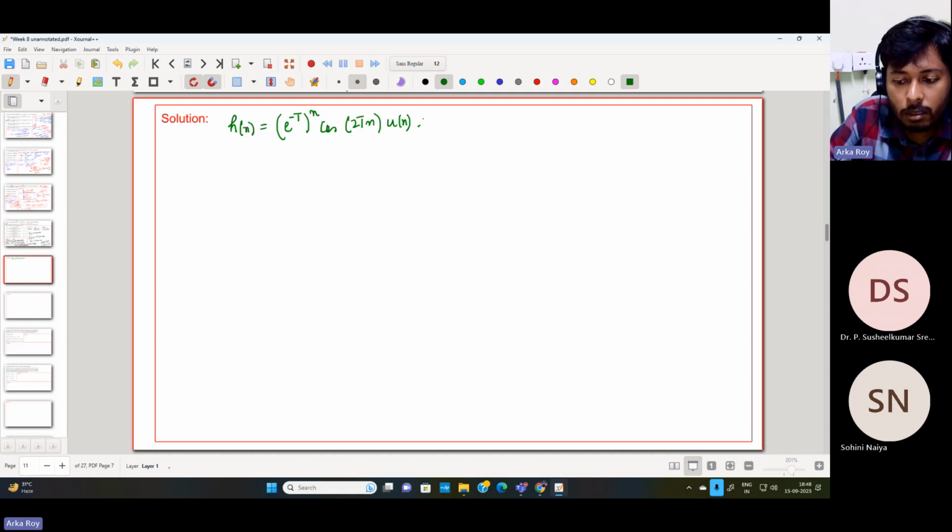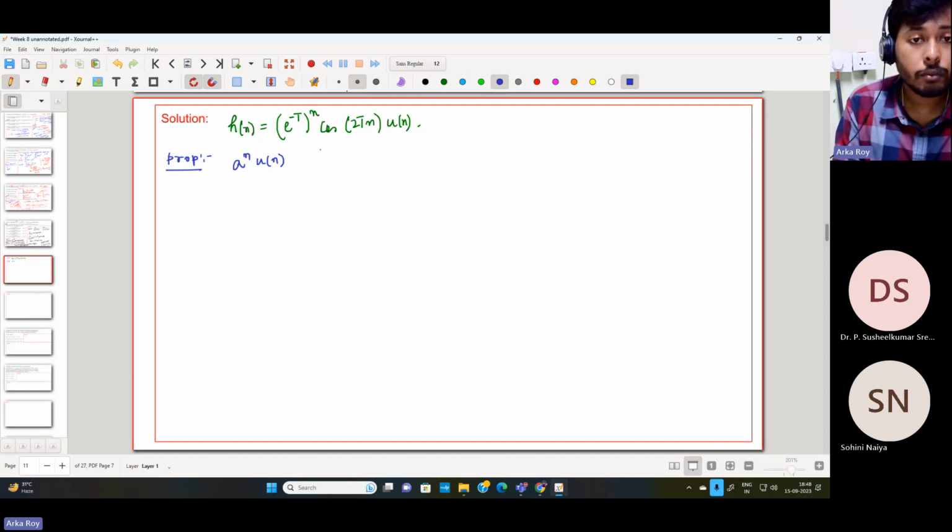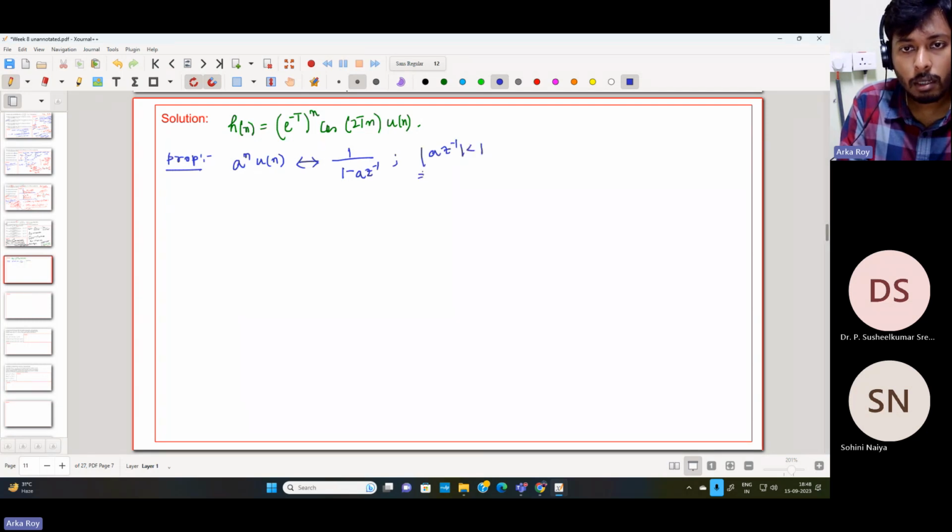So let us first see some of the properties of the Z transform. The first property: a to the power n multiplied with u(n) would have the Z transform 1 divided by (1 minus a z inverse), and I can write the condition as |a z inverse| is less than 1, and therefore |z| is greater than |a|.